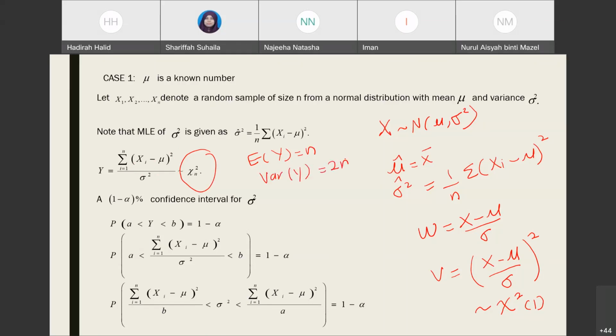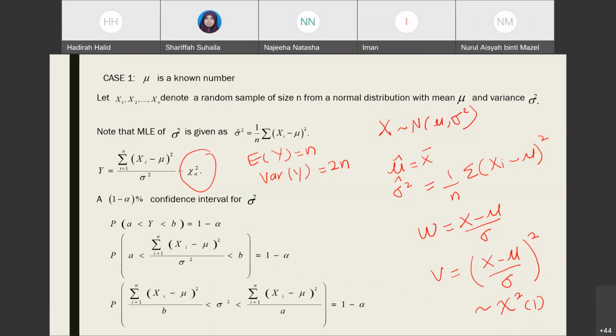So these are its properties. If you have a chi-square distribution, the mean is n and the variance is 2n. Given that your y, summation of (xi minus mu) squared over sigma square, is distributed as chi-square with degree of freedom n. So if you have a single random variable, that means your mean is 1 and your variance is 2, when n equals 1. Okay, so those are the properties of the chi-square distribution.